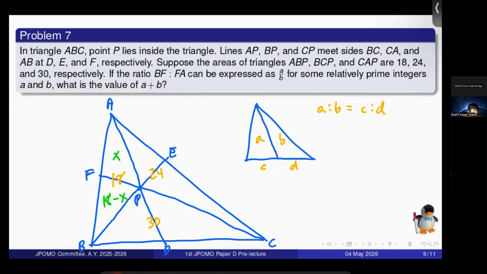Okay, so now we notice that we have two triangles here that look exactly like this setup that we have here, right? That's triangle AFC and triangle BFC, split by AP and BP. Cool. So we have two triangles essentially with the same height in each. And that means that we can get a ratio here.